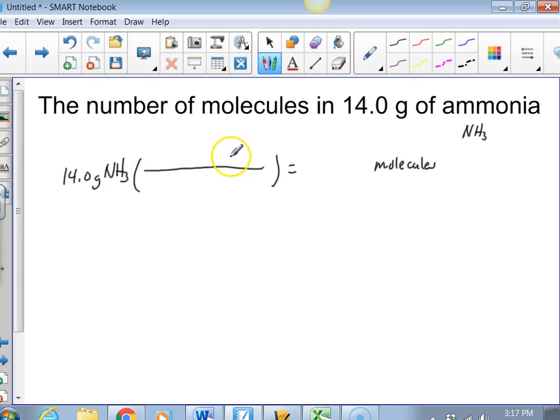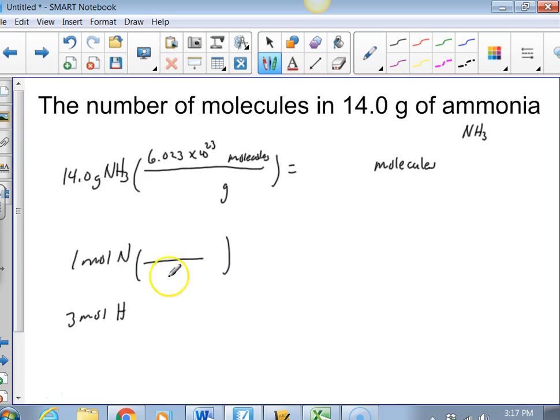All right, we're going to then put molecules in numerator, mass of NH3 in denominator. We know this is going to be 6.023 times 10 to the 23rd molecules, and we have 1 mole nitrogen plus 3 moles hydrogen. Every 1 mole nitrogen is 14 grams. Every 1 mole hydrogen is 1.01 grams.